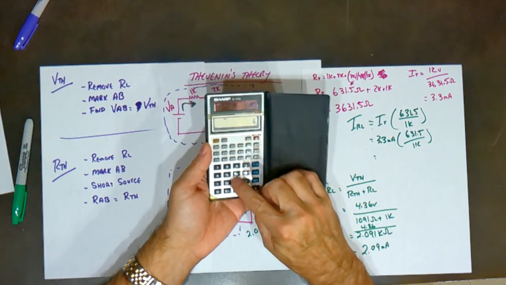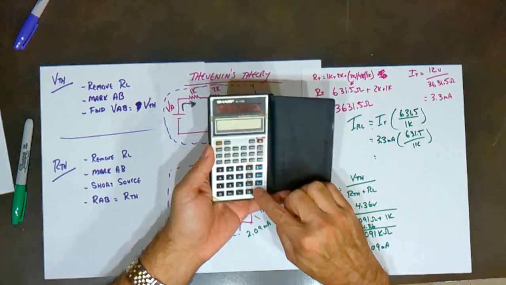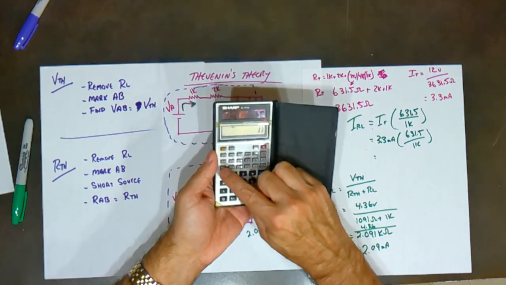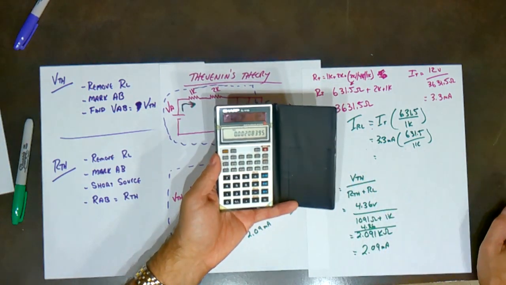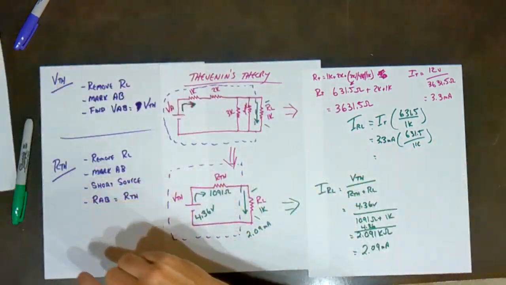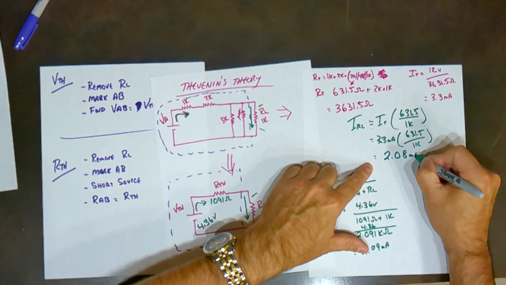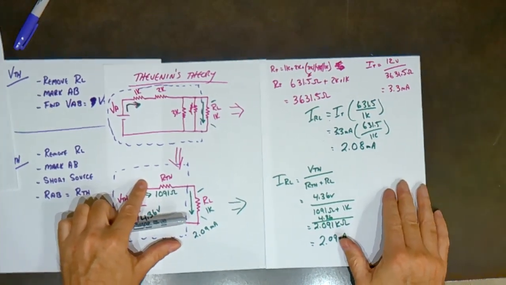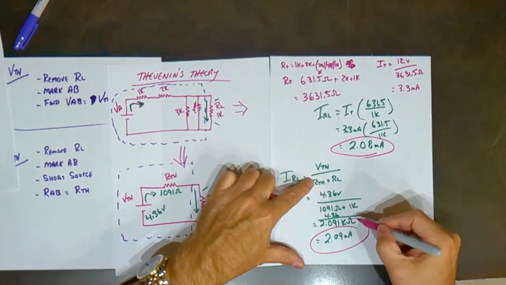So 631.5 divided by 1000 times 3.3 milliamps equals 2.08 milliamps. So taking into account any rounding errors in our calculation, this current and this current are equal.